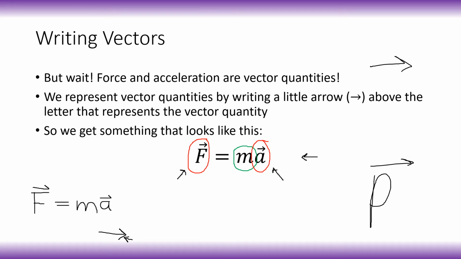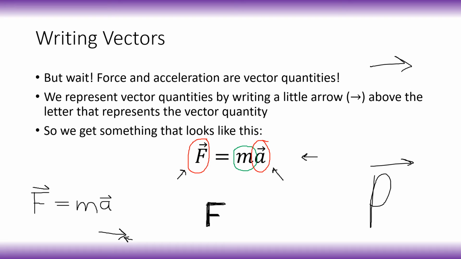For example, a lot of times in textbooks, when people are typing stuff out, they won't put these arrows on the vectors. What they'll do is make all the vectors bold, and leave all the scalars normal. So they'll have an F that looks like this, and that's supposed to mean that it's a vector.